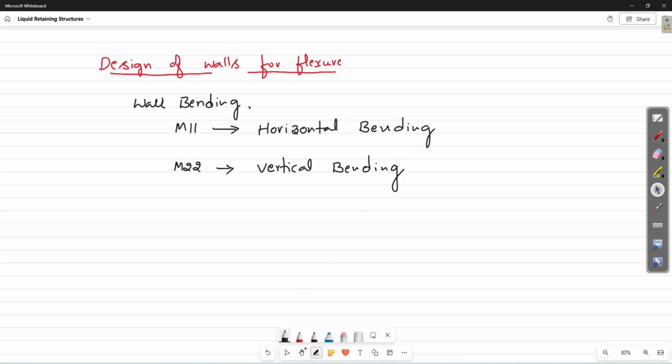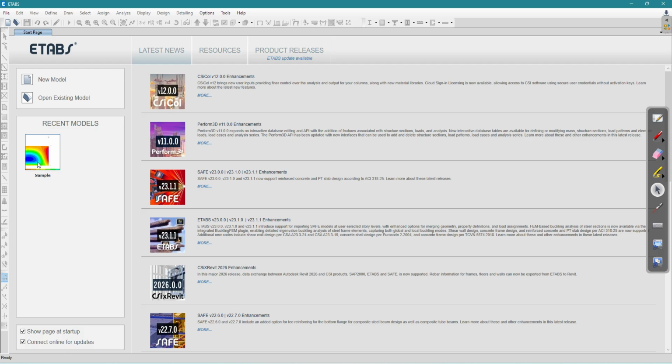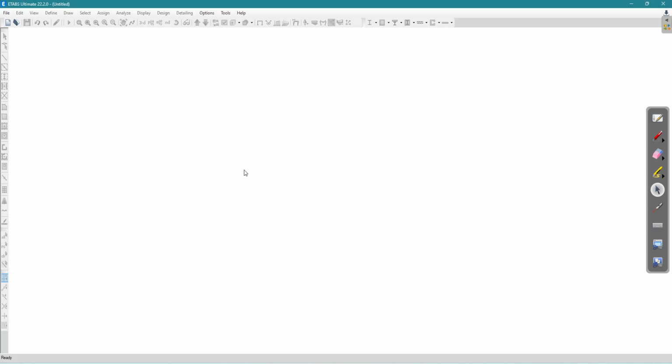So if you open your ETABS model, I am using the same model in which I have completed the shear design.